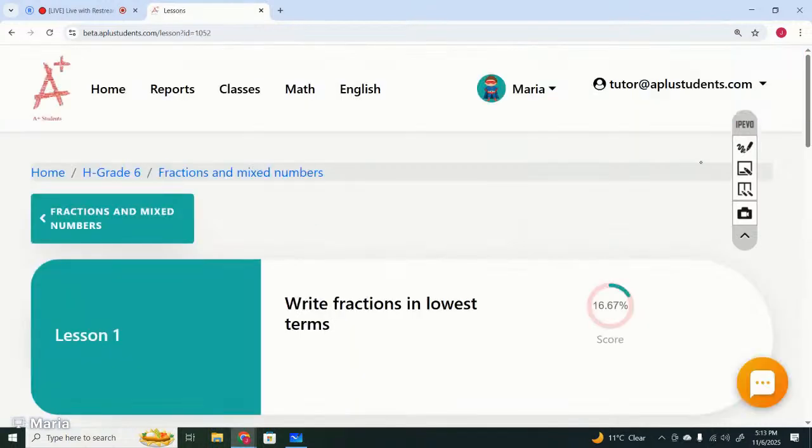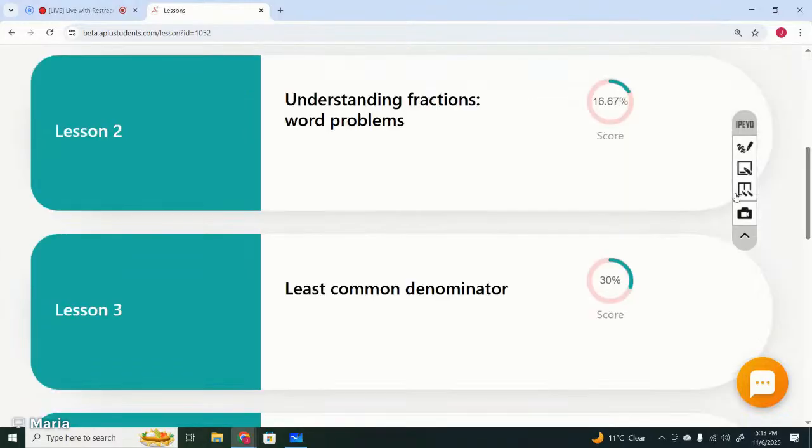The next lesson is understanding fractions word problems.